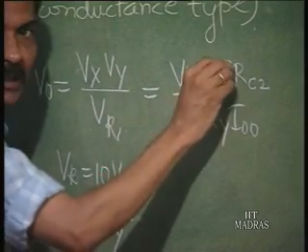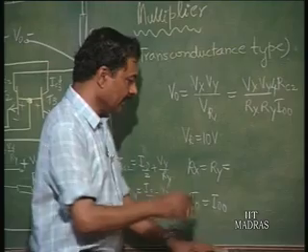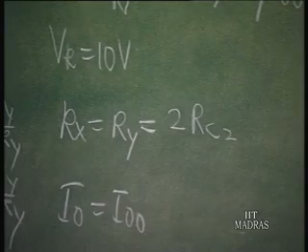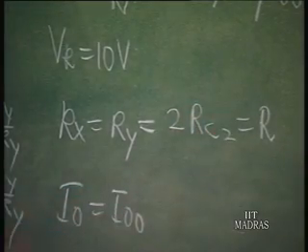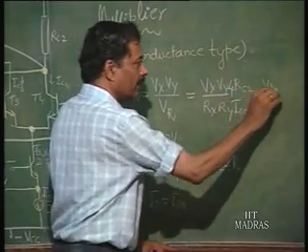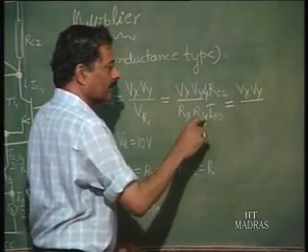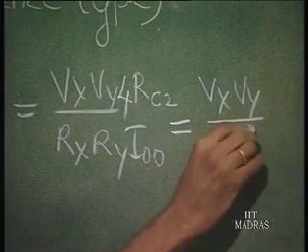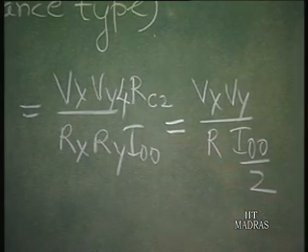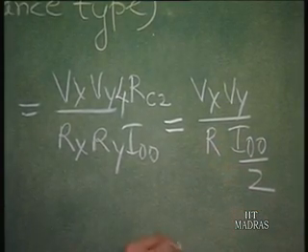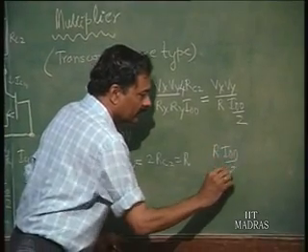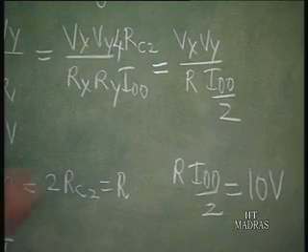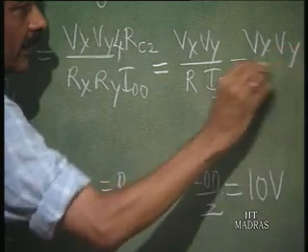So we can select Rx equal to Ry equal to 2RC2, equal to R. Then this is equal to Vx Vy, with Rx equal to Ry equal to 2RC2, one Ry gets cancelled with RC2. So we get R I naught naught by 2. So this R I naught naught by 2 is made equal to 10 volts. Therefore, this becomes equal to Vx Vy by 10 volts.